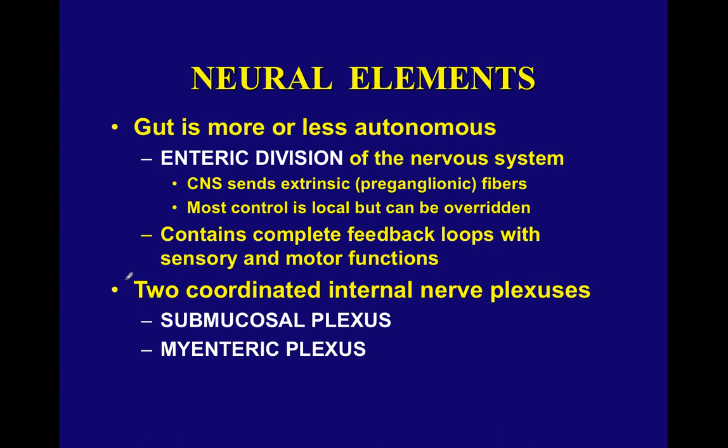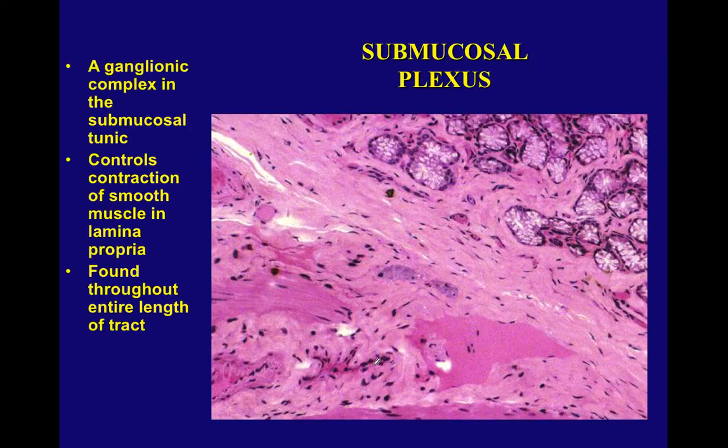It mostly consists of two neural elements. One of them is found in the submucosa, which we call the submucosal plexus, and this controls the smooth muscle of the muscularis mucosa. The second one is the myenteric plexus, and this controls the smooth muscle found in the muscularis externa. The first one, as I said, is found in the submucosal tunica.